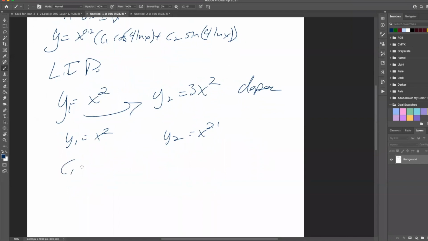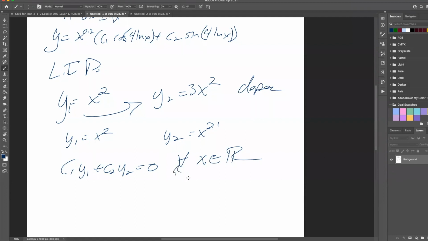Here, if I have c1 y1 plus c2 y2 equal to 0, well, if x is 0, C1 and C2 could be anything, but this needs to be true for all x's. We're going to just run x through the rails just for kicks.